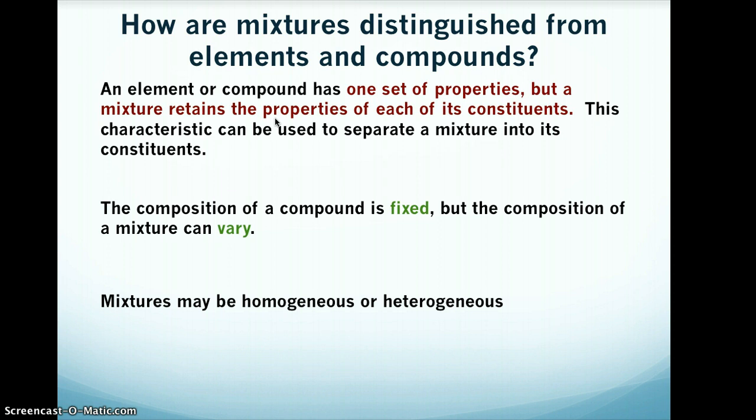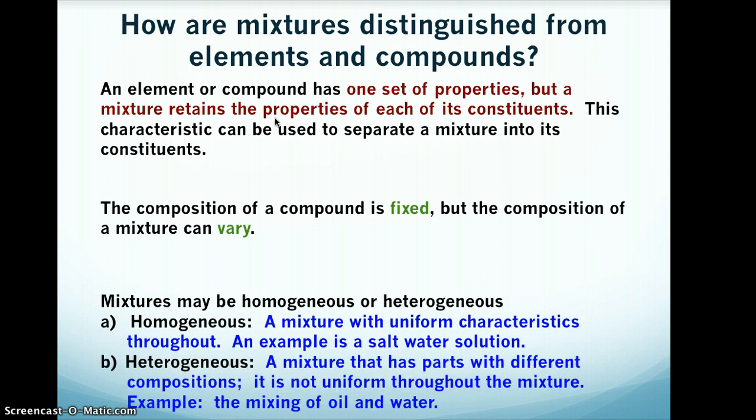Or we can say the mixture is heterogeneous, and that means that the mixture looks as though it's made up of more than one substance. Okay, so there's your definition for homogeneous. Now, some people say homogeneous as well. I don't know. Ask Ms. Colfer how to pronounce it. Okay, so heterogeneous: a mixture that has parts with different composition. It's not uniform throughout the mixture. So the best thing to do when you're looking at a mixture is just that. Look at it. If it looks the same throughout, it's a homogeneous mixture. If it looks like a mixture with different parts, it's heterogeneous.